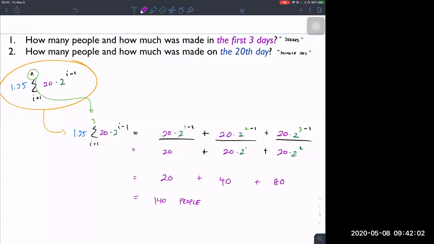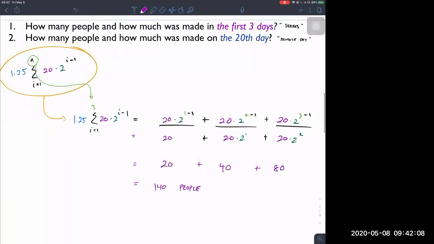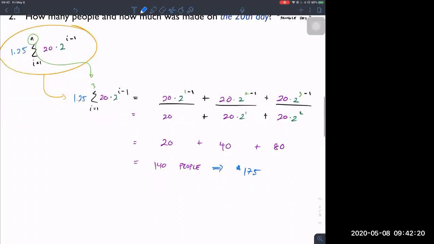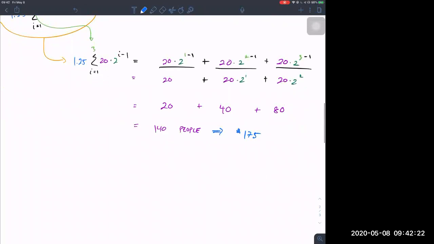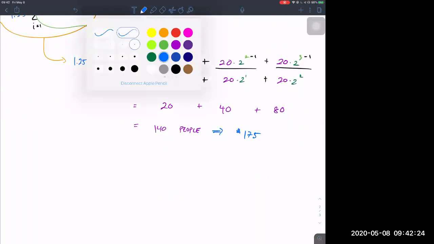You multiply that by $1.25. That means you made 140 people, this implies $175 was profited. For the second one, since it's a single day, you don't need a summation.